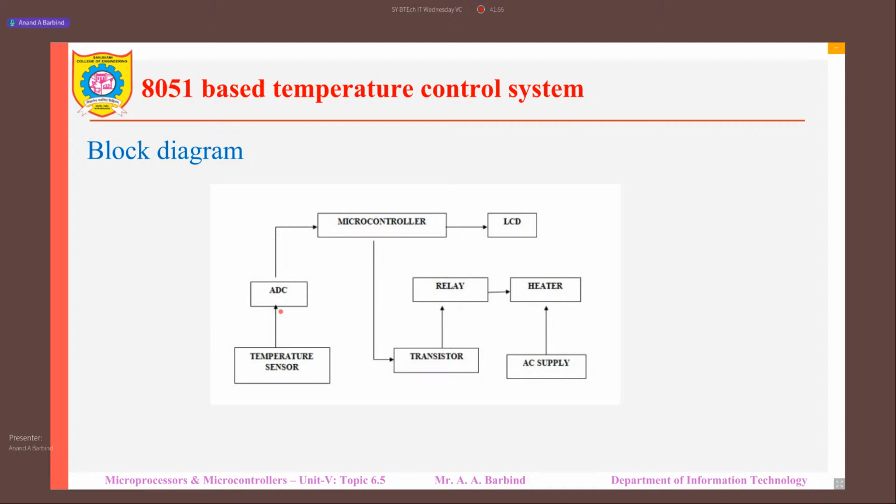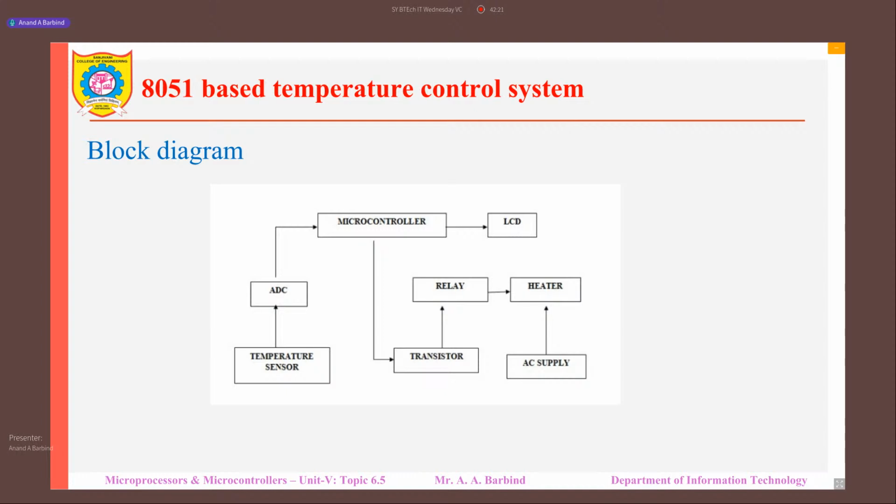There are n number of sensors, and those sensors can sense that physical real world quantity and convert that physical quantity into the analog voltage.